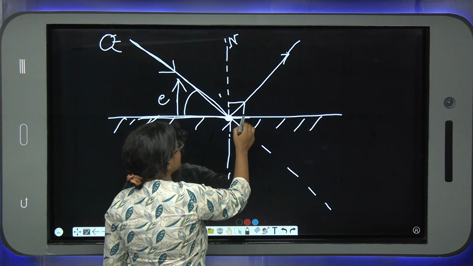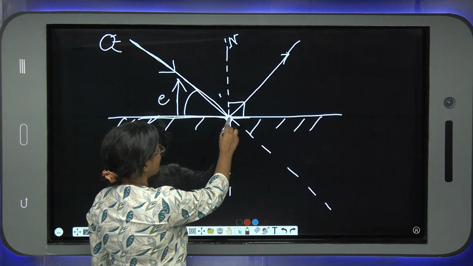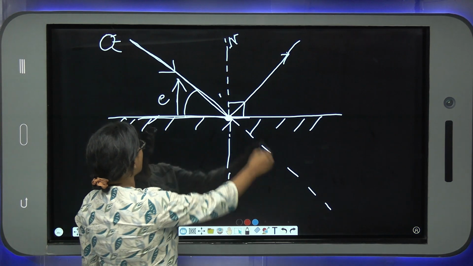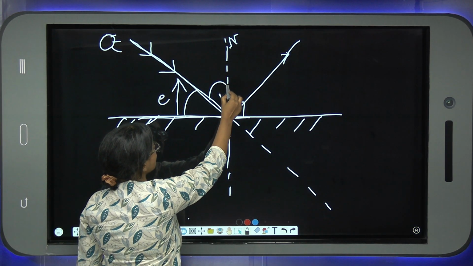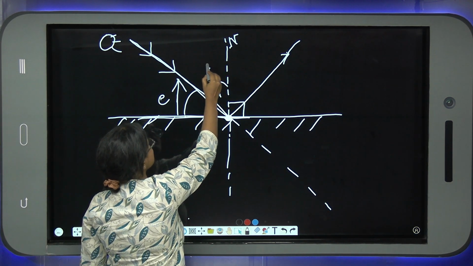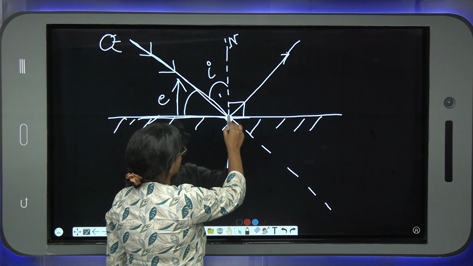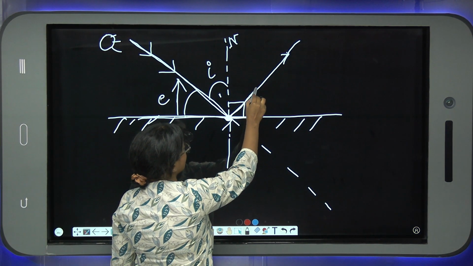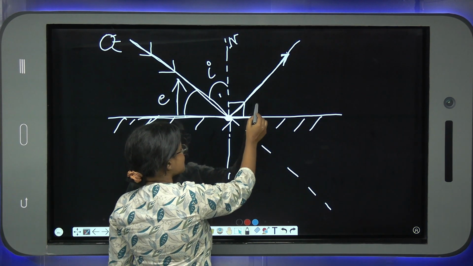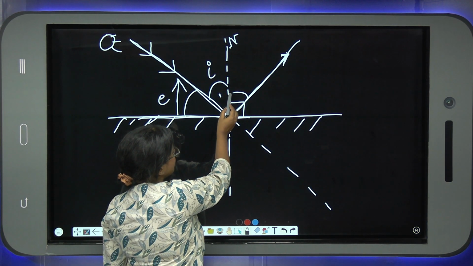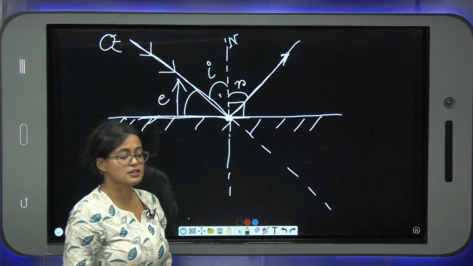This will be at 90 degrees to the surface at the point of incidence. Now, the angle this incident ray makes with the normal is called the incident angle. When the ray of light is reflected from this point, this ray is called the reflected ray, and the angle that it makes with the normal is called the angle of reflection.